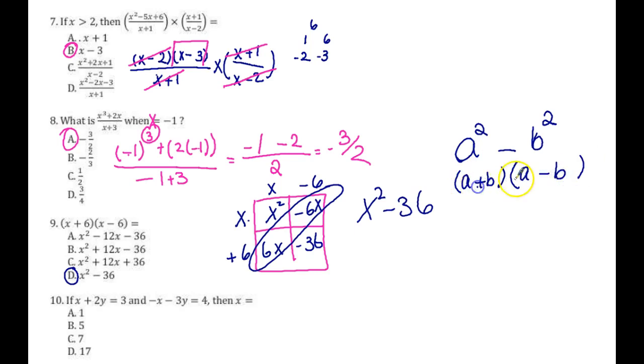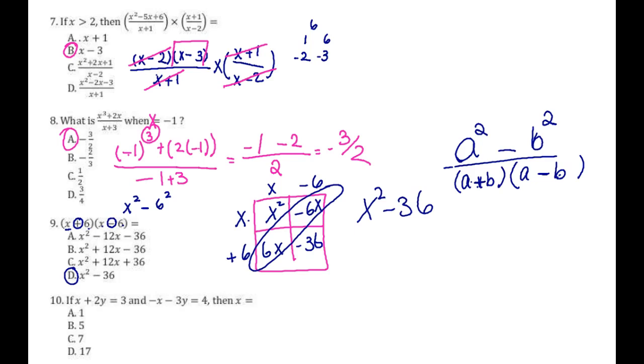So when I see two identical parentheses with a plus and a minus, but everything else looks the same, then I know I need to apply this rule. So when I see two identical parentheses, x plus 6 and x minus 6, and it's only the difference in the sign, then I take the first term and square it, minus the second term squared, which is x squared minus 36.